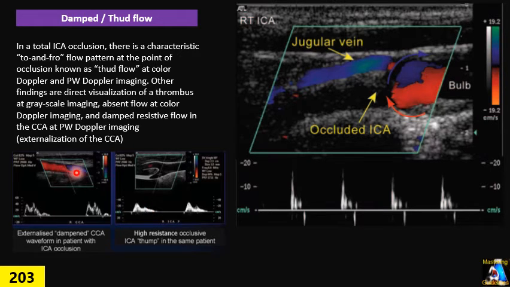If we go a little further and close to the mid CCA, we see not only dampening, low velocity and lack of antegrade blood flow in the diastole, we can see a specific pattern that looks like ECA spectral Doppler. So a high resistance pattern that we call externalization and dampening of the CCA that we will see in the total ICA occlusion.